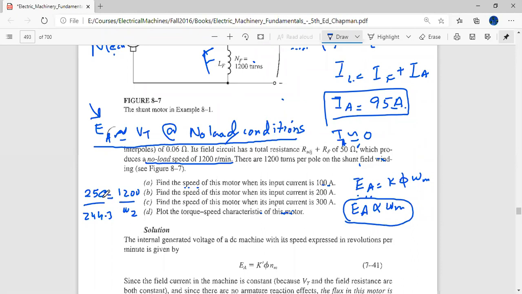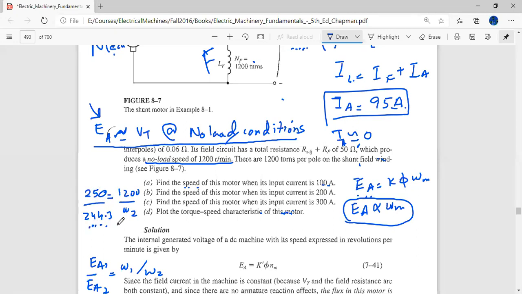So you take two operating points and make the relationship that EA1 over EA2 is equal to omega 1 over omega 2. For one of the operating points you took the unloaded condition, and in the unloaded condition EA was approximately equal to VT, because armature current goes to zero as you do not need any torque in the machine, and at that point the no load speed was 1200 rpm.